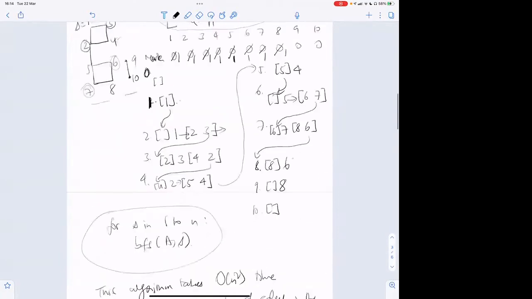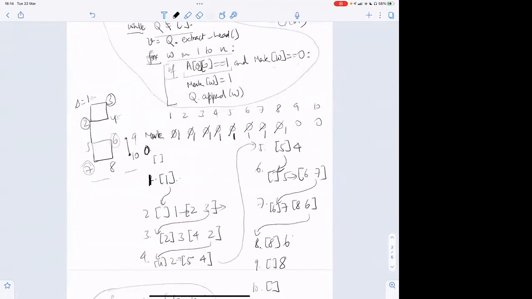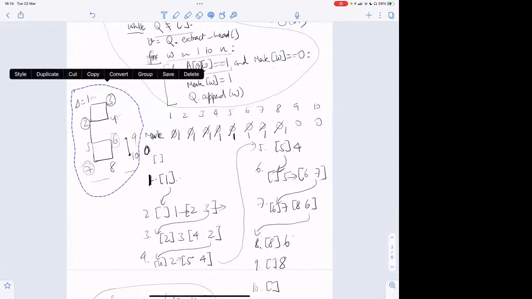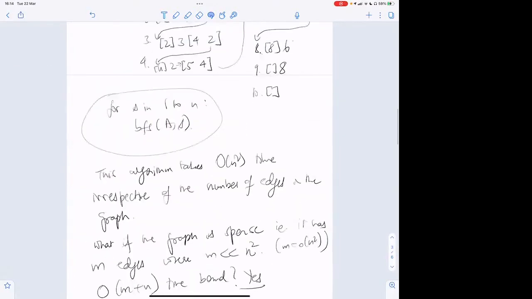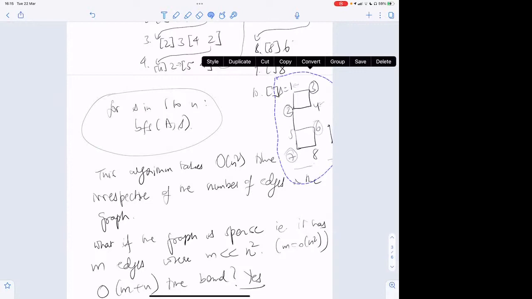So for example, we had this graph. We said we would do this: run this BFS algorithm n times.